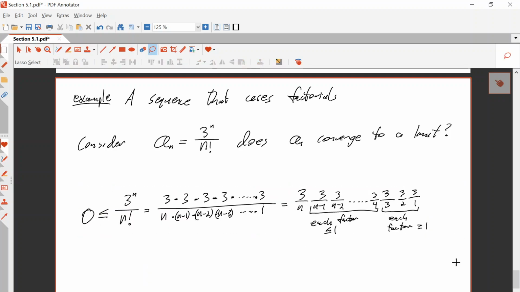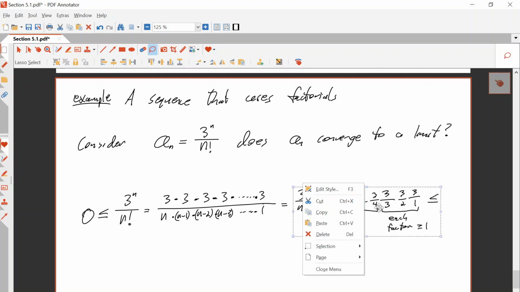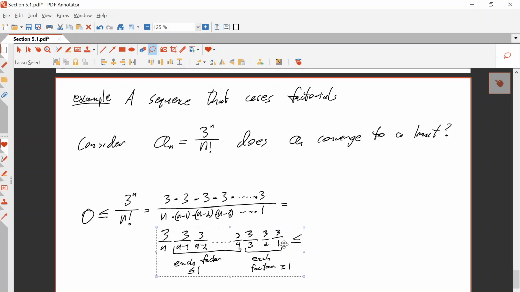So this is less than or equal to, and I'm going to take this leading factor, 3 over n, and then all of this, which is going to be 9/2.